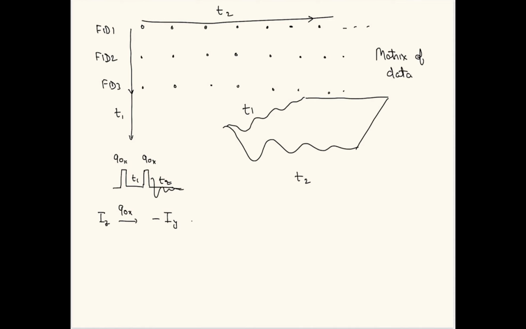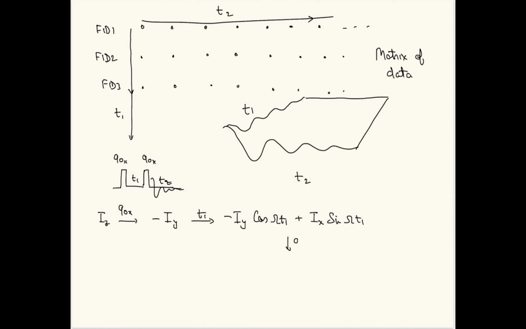Now if I have t1, what I get here is minus Iy cos omega t1. This is the chemical shift evolution, plus Ix sine omega t1.